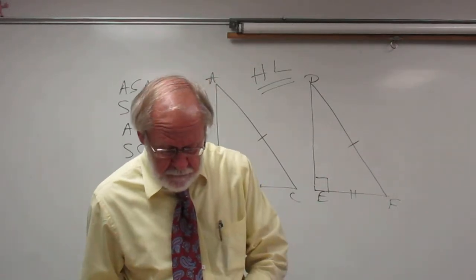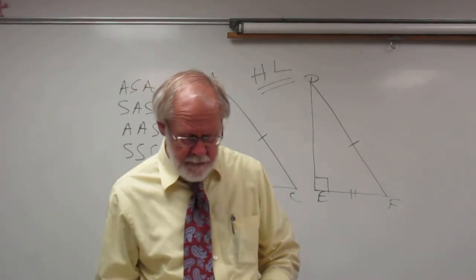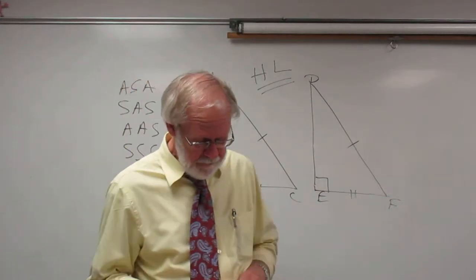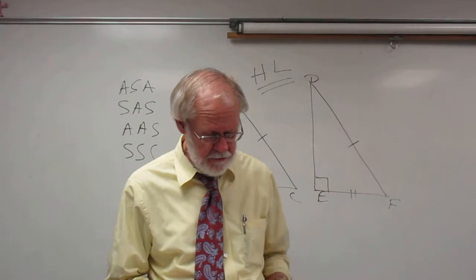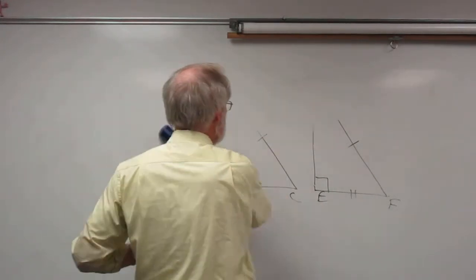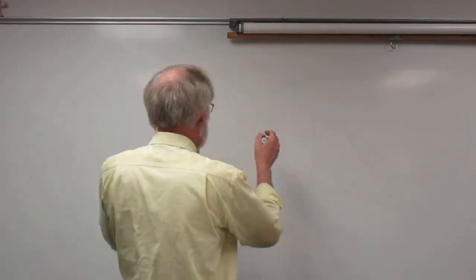Let me see which one of these we want to do. Let's do this one. It's on page 241, and it's proof problem number 33. So, we'll take these away, and we'll make this drawing here.